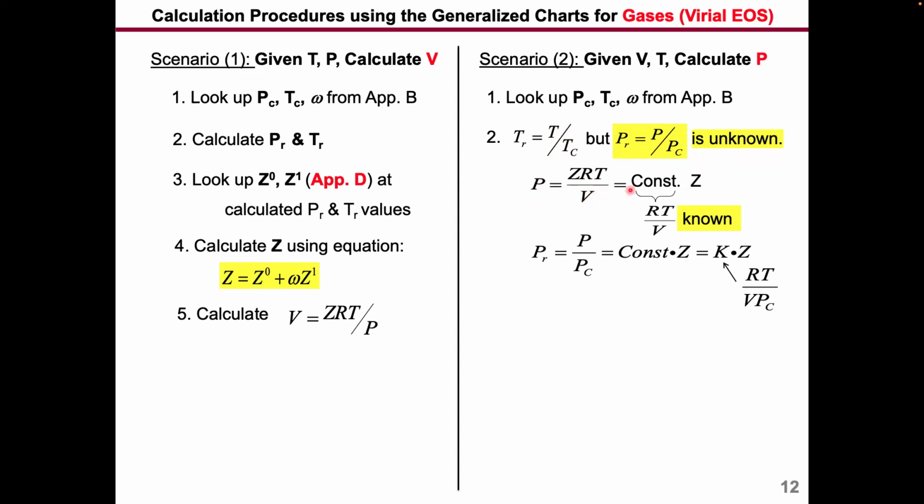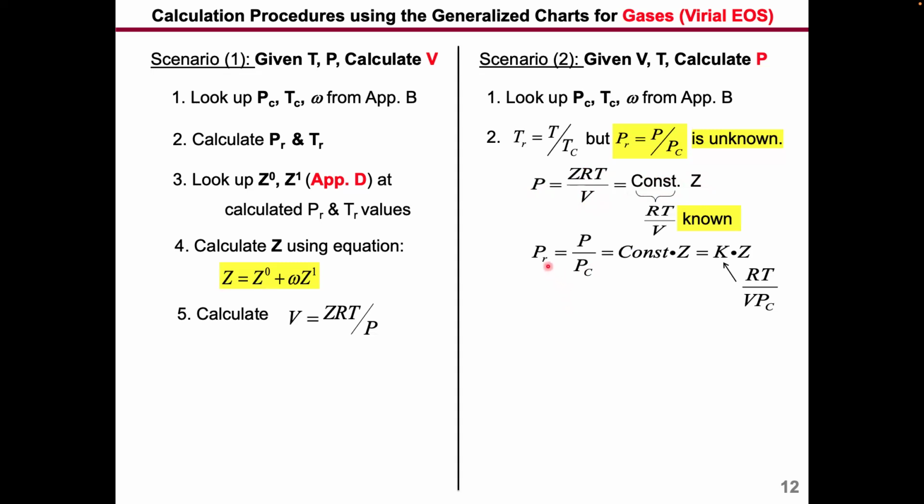And then T we give you, so T is known, and V is known. R is constant. So essentially we know this part already. So we know P is going to be some constant values times Z, okay?